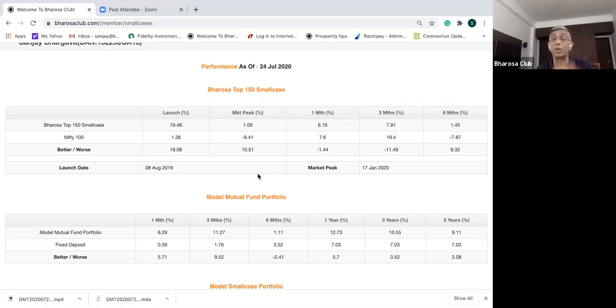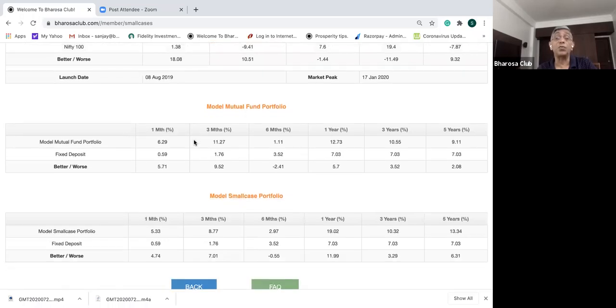It has basically done quite well. It has outperformed the index. It's almost completed 1 year on 8th August 2020, and it has beaten the index by 18.08%, and it has given a 19.48% return over this 1 year, which is quite outstanding.